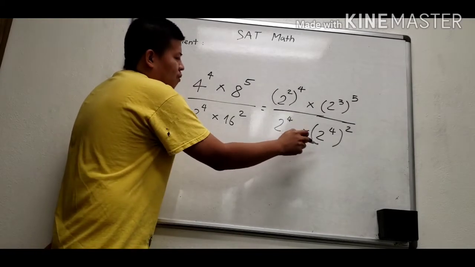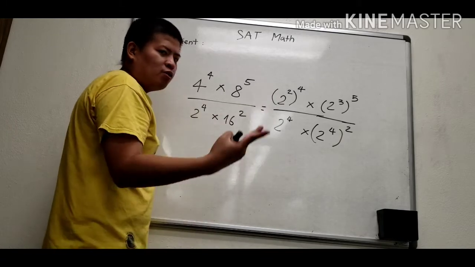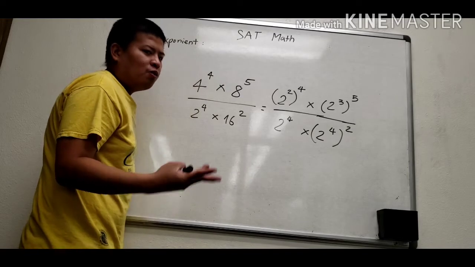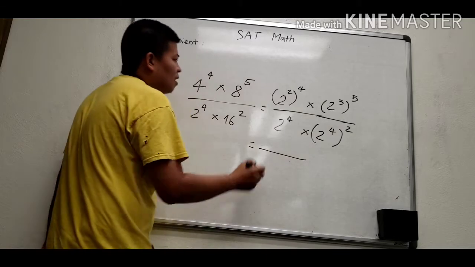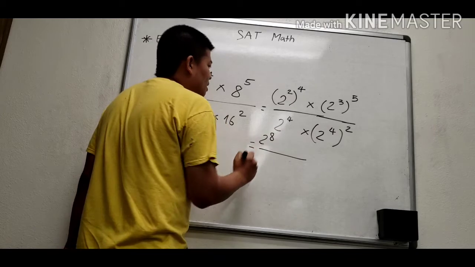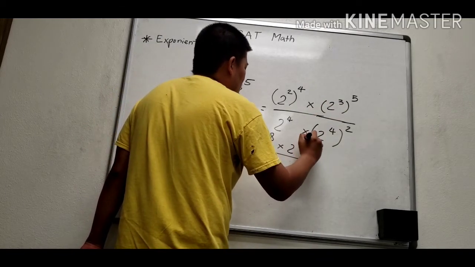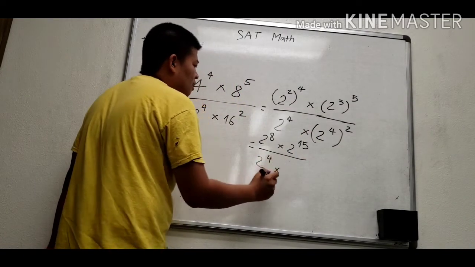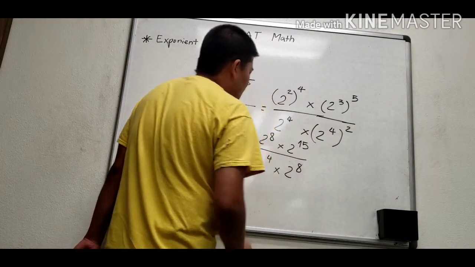Because 2 power 4 is four number 2s multiplied together, 2 power 2 is two number 2s multiplied together, 2 power 3 is three number 2s multiplied together. So that we have 2 multiplied with 4 is 2 power 8. 3 multiplied with 5 is 2 power 15. 2 power 4 is still the same. 4 multiplied with 2 is 2 power 8.